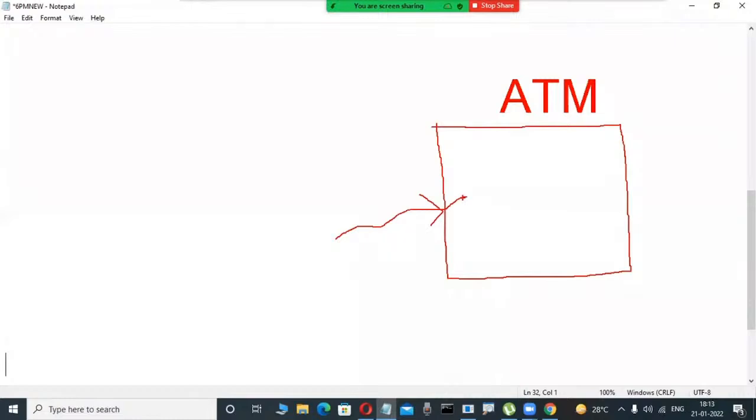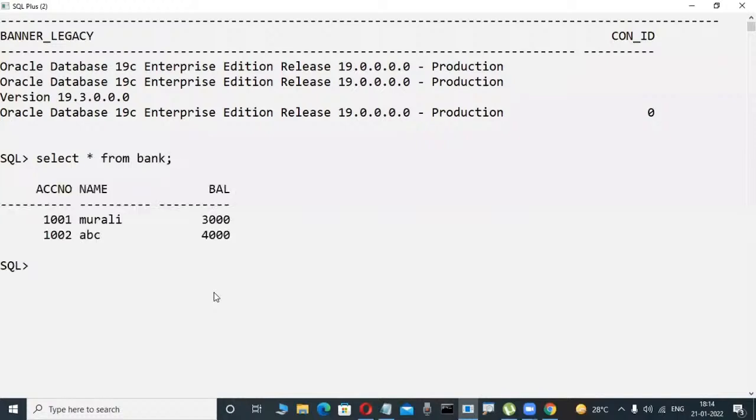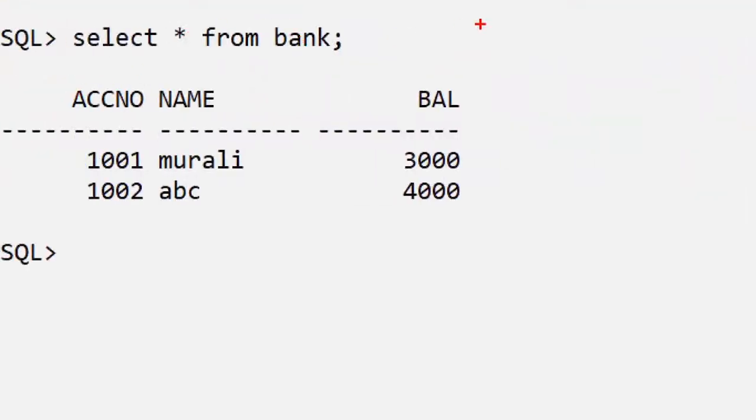Now check it out. Slowly observe the screen. Suppose in this database, bank is a table, for example. Just observe the scenario, very easy to understand. This is a bank table. In table format only, we store the data.